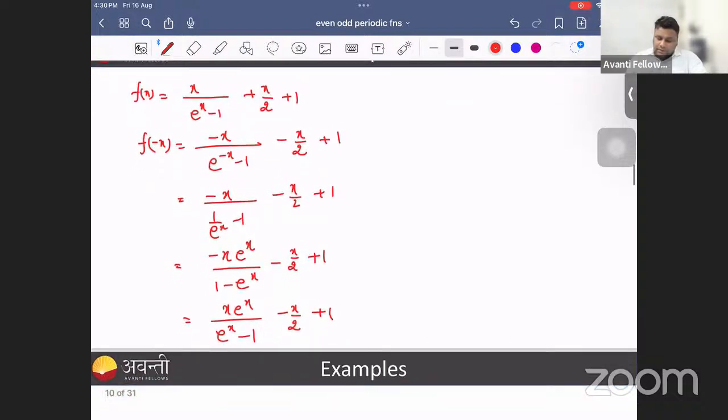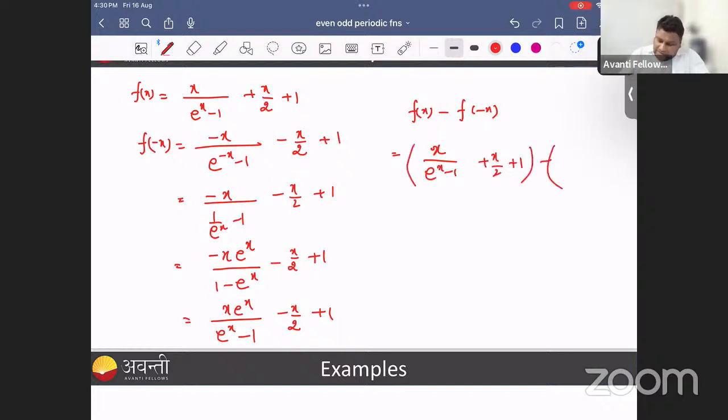1. Now, if I subtract both of them, f(x) minus f of minus x. f(x) is x upon e to the power x minus 1 plus x by 2 plus 1, minus f of minus x, which is x e to the power x upon e to the power x minus 1 minus x by 2 plus 1.